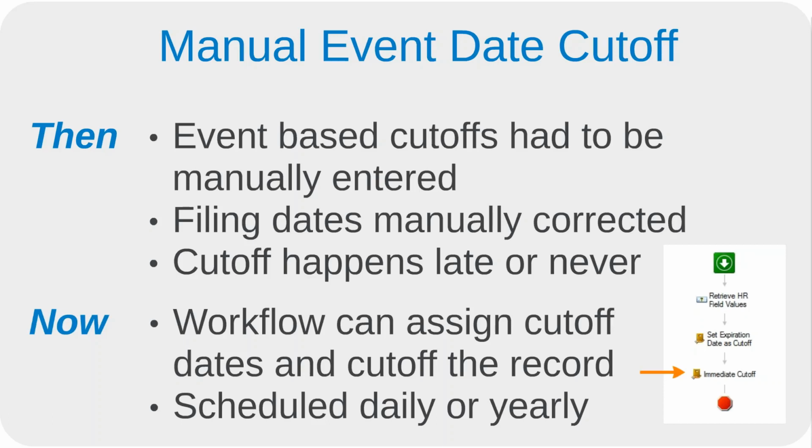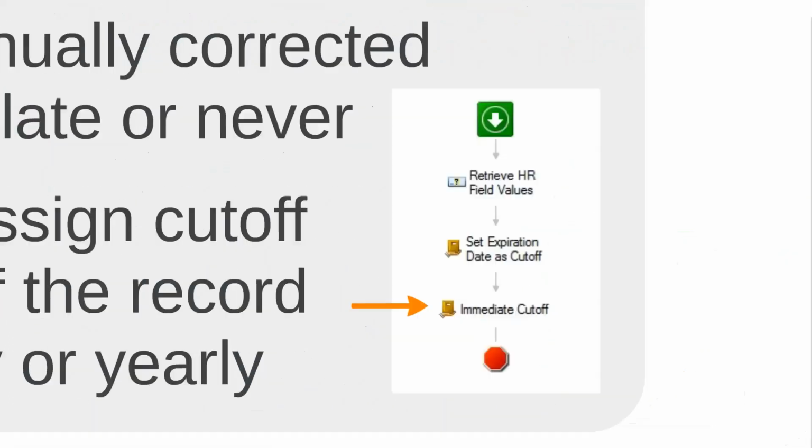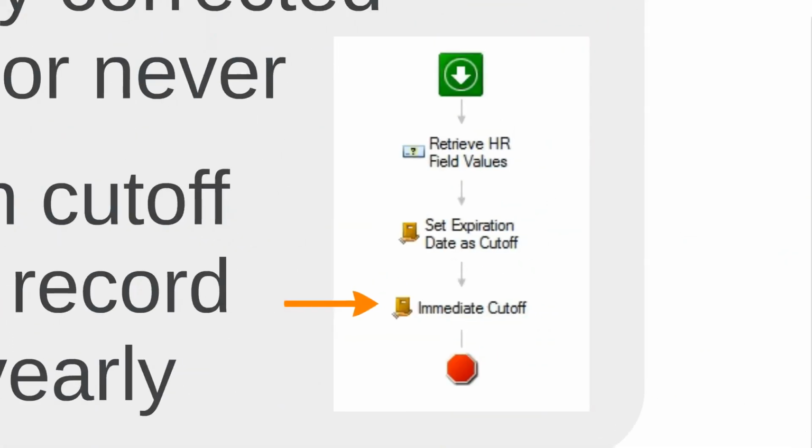So they could be cut off by a workflow every day, or it could check yearly, depending on what you'd like, or you could tailor it based on the cutoff instructions. But it can do the cutoff for you. So this is going to be a huge benefit to anybody whose job it is to go in and set those cutoffs so that the retention times start and the records management stays up to date.